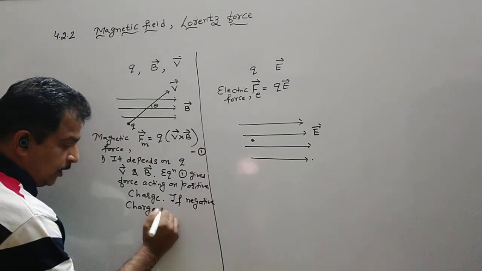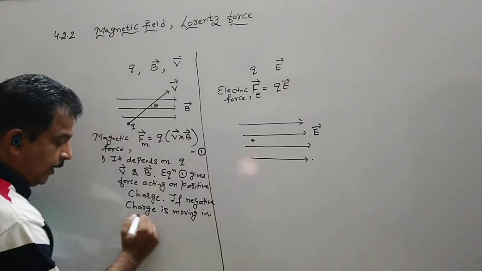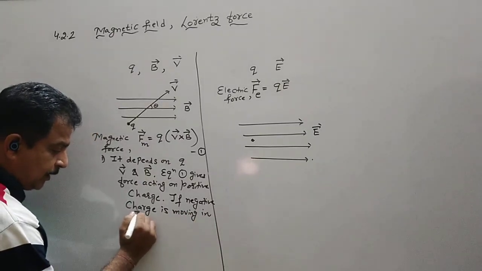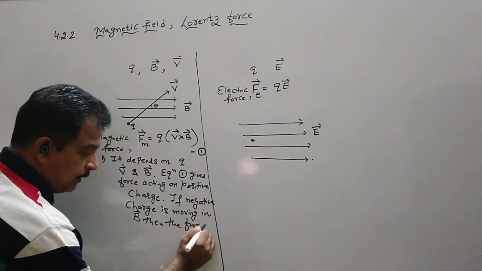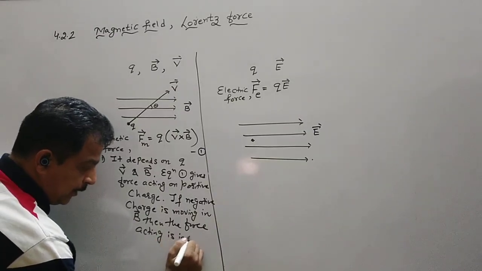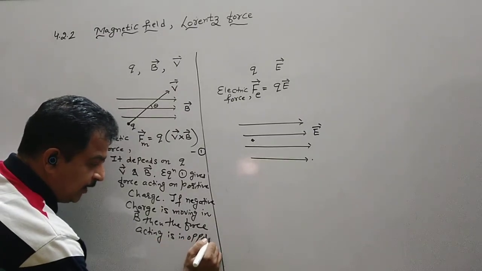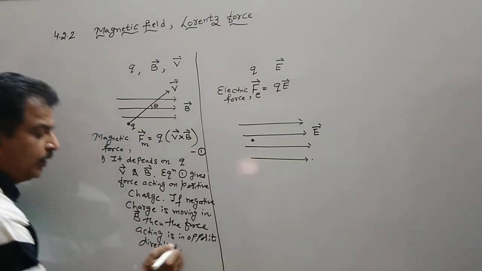So equation 1 is applicable for a force acting on a positive charge. If a negative charge is moving in a magnetic field, say B vector, then the force acting on it is in the opposite direction.